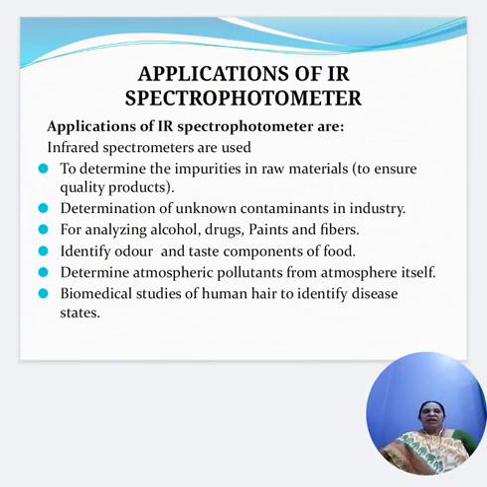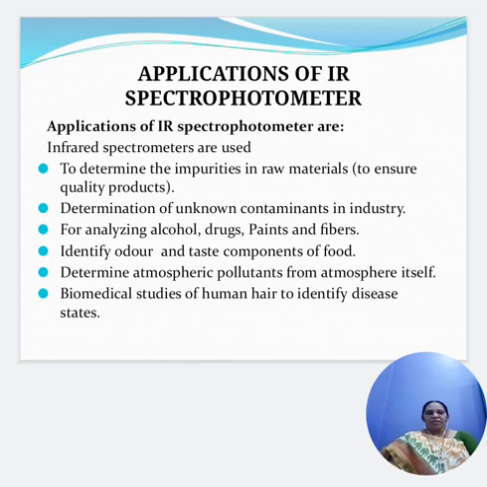So, coming to the applications of the infrared spectrophotometer. Infrared spectrophotometers are used to determine the impurities in raw materials, that is, to ensure the quality of the product.